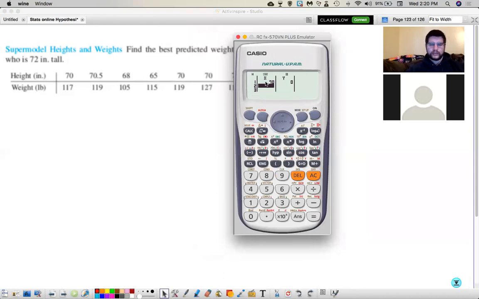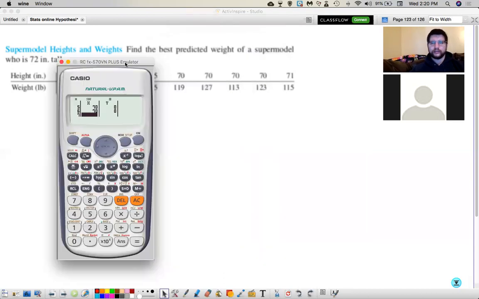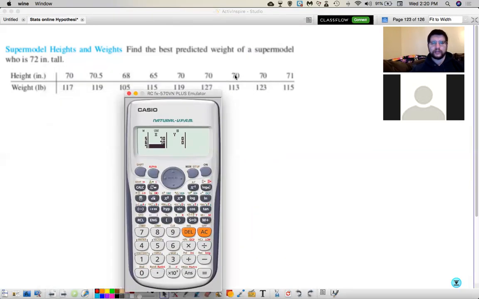70, 70.5, 68, 65, 70, 70. Oops. And make sure you don't screw up like I just did there. 70. Oh, how many 70s? 1, 2, 3, 4. 1, 2, 3, 4, and then a 71. And 9 values, let me make sure. 1, 2, 3, 4, 5, 6, 7, 8, 9.